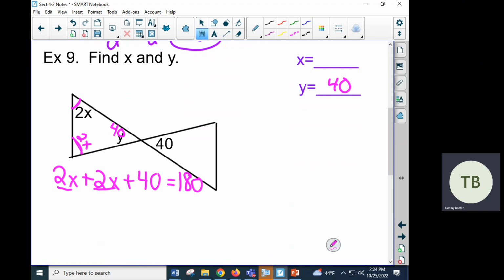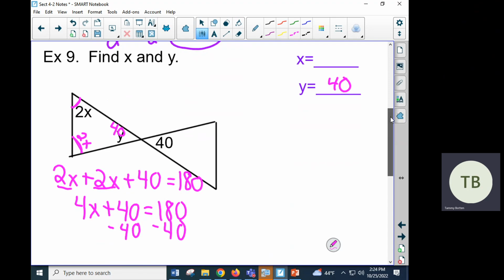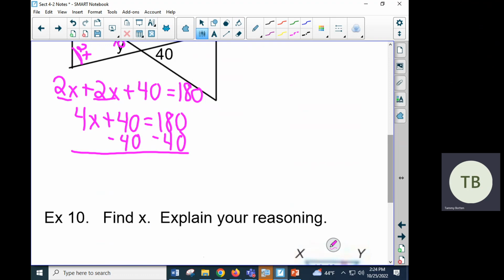So 2x plus 2x is 4x plus 40 equals 180. Then we're going to subtract 40, and we get 4x equals 140. Divide by 4, and x is 35.